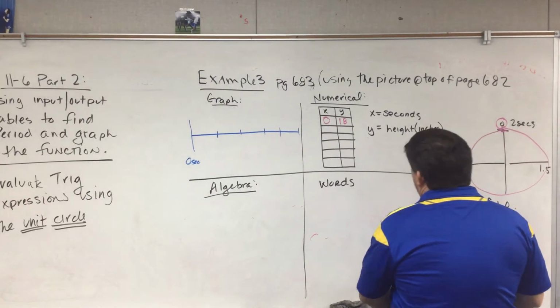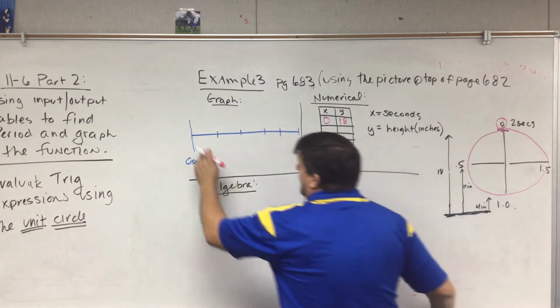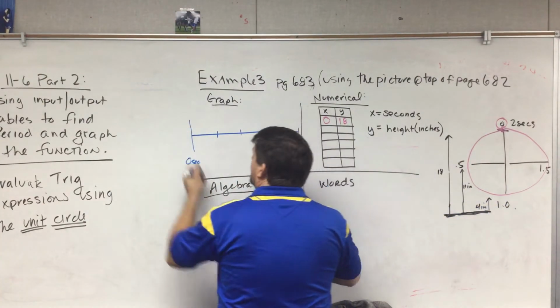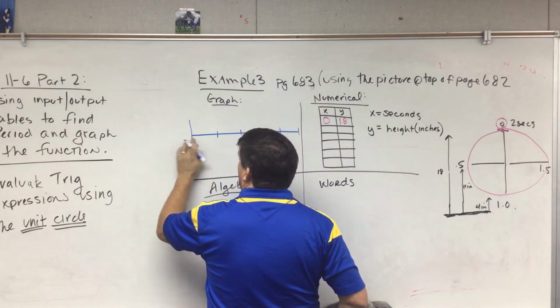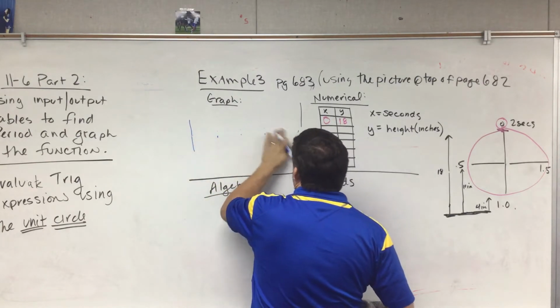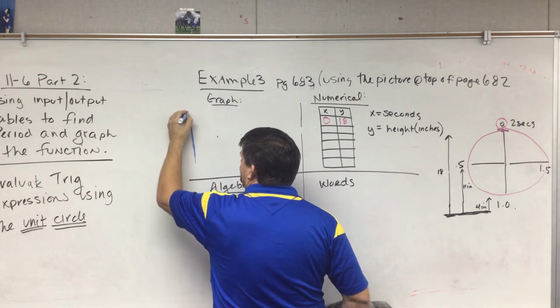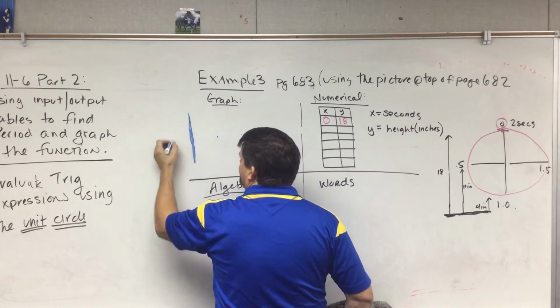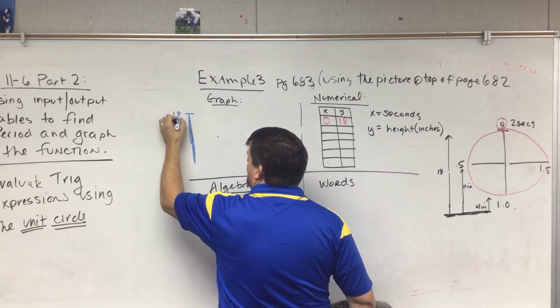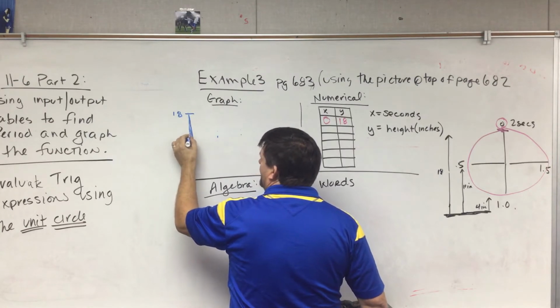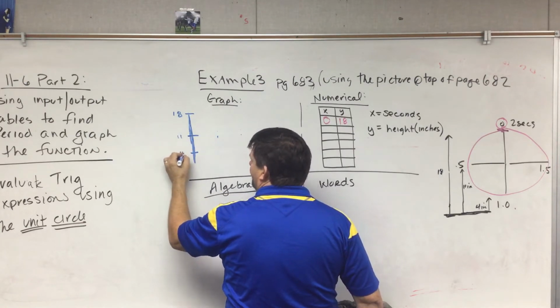Okay, and then I'm going to go with height. In fact, I'm going to redraw this, guys. Sorry, so I can get the right height there. This is my height. I have 18, I have 11, and I have 4.